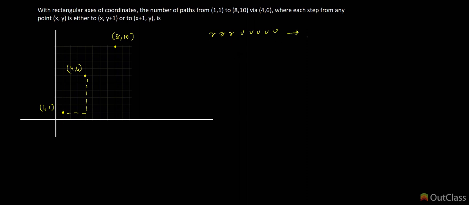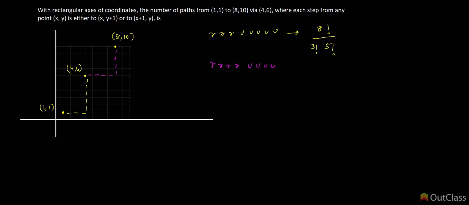So it's basically about how many permutations. This is a process of 2 steps. Step 1 is get to the point (4, 6), and you have to do 5 ups and 3 rights in any order. So that is 8 items to permute, of which 3 are similar and 5 are similar. This is the number of ways of completing step 1. Step 2 has 4 rights and 4 ups.